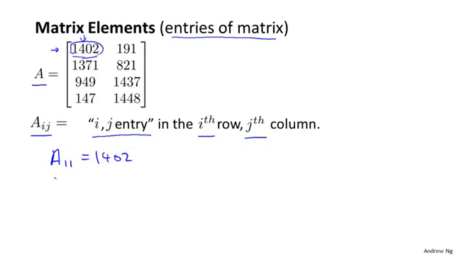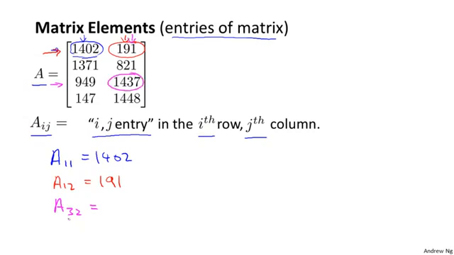1402. Another example, A12 is going to refer to the entry in the first row and the second column. And so A12 is going to be equal to 191. Just a couple more quick examples. Let's say A32 is going to refer to the entry in the third row and the second column.